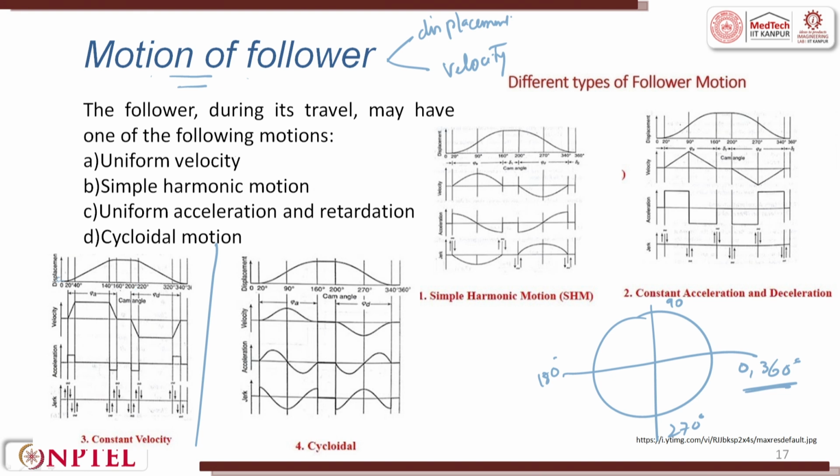Here from 0 to 20 there is no displacement, from 20 to 40 there is a rise, and from 40 to 140 there is a uniform rise. Afterwards there is a dwell where there is no rise in the lift, and then onwards it falls down.